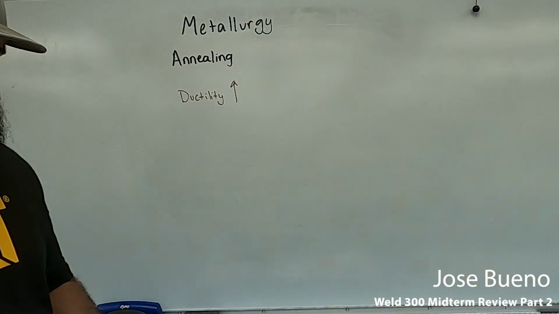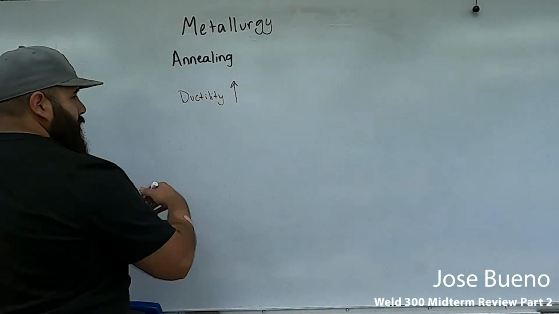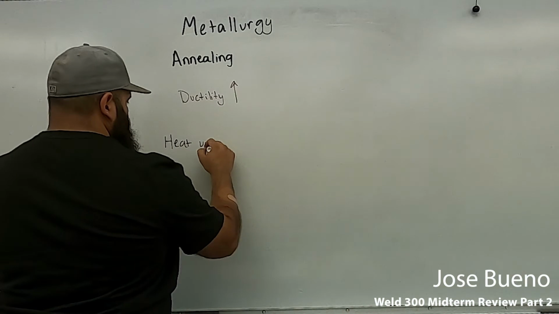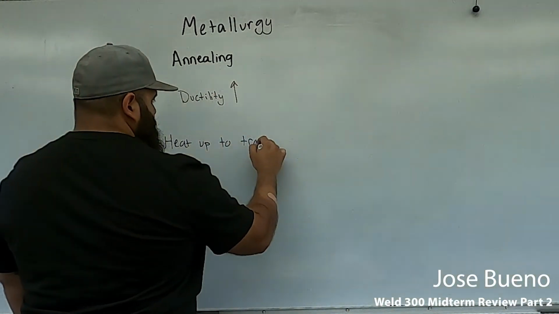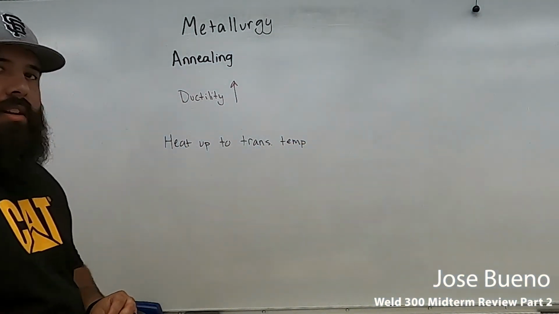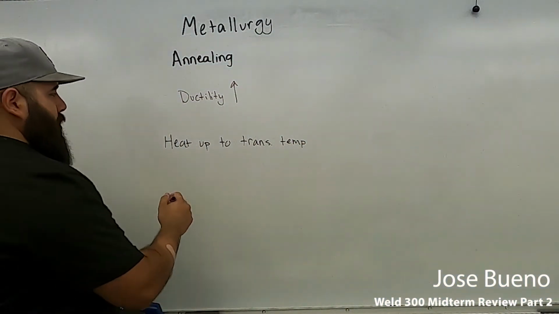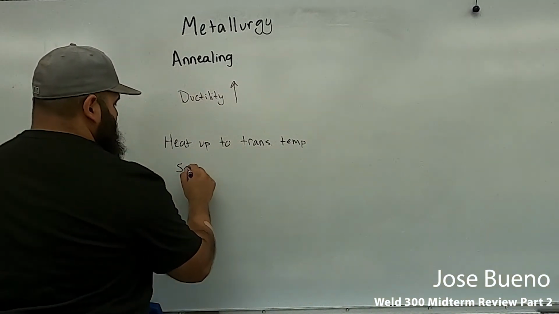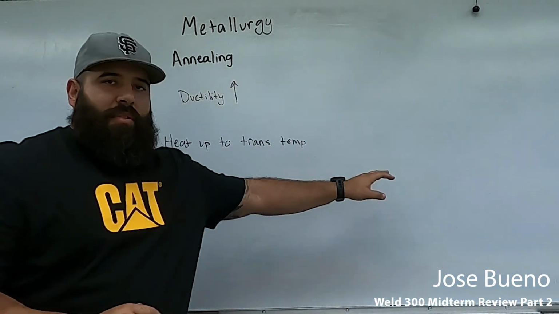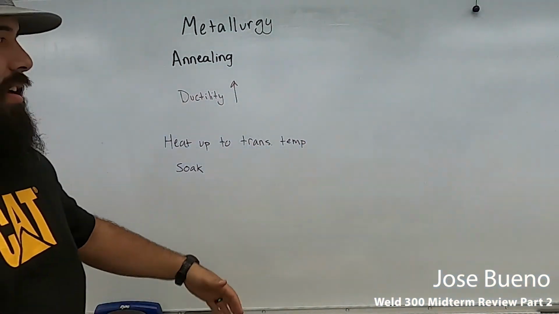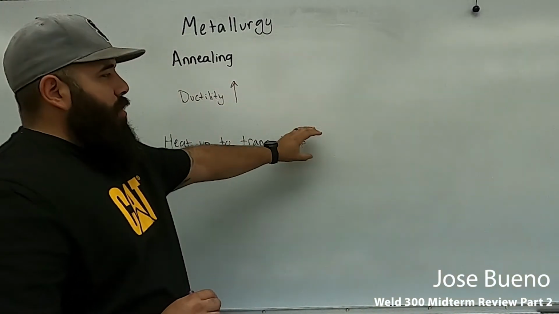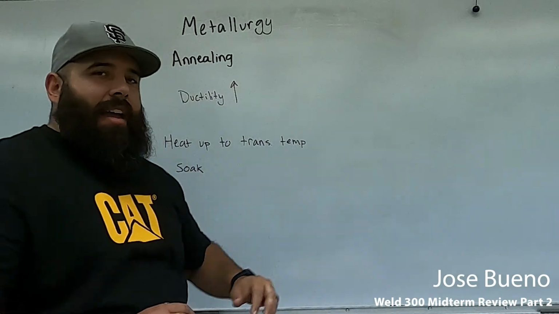So how we do this is we heat the metal up to its transformation temperature. And we do what's called a soak. So a soak means we keep applying heat. Once we get it to its transformation temperature, we keep applying heat, not to the point where we're going past it, but just to the point where we're maintaining that high temperature.